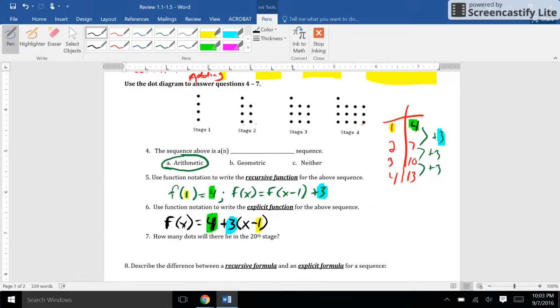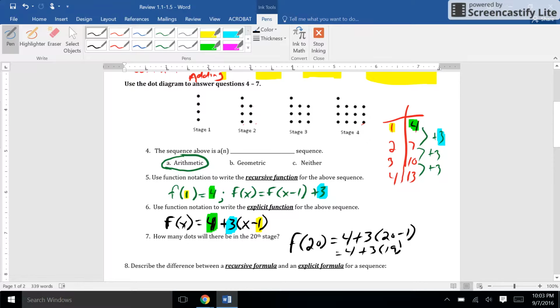How many dots will there be in the 20th stage? Well, I'm going to use my explicit because I don't want to make a table. So I'm going to say f of 20 equals 4 plus 3 times 20 minus 1. That equals 4 plus 3 times 19.